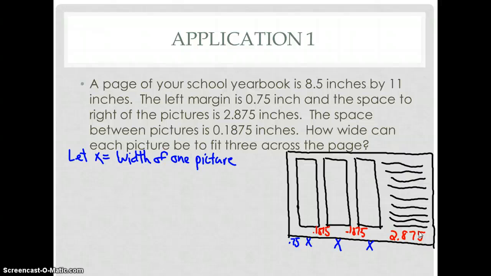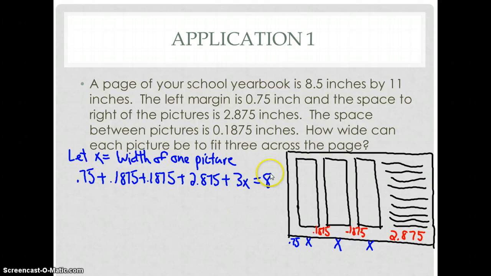So as we go to set up our equation, we know that we have the following information. We have 0.75 plus 0.1875 plus 0.1875 plus 2.875 plus 1, 2, 3 x's, and all that has to equal, it actually is the 8.5.